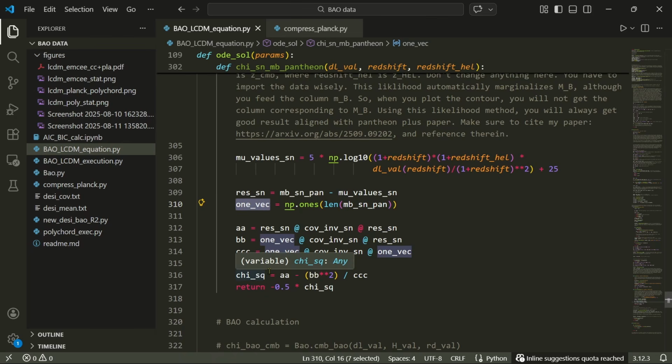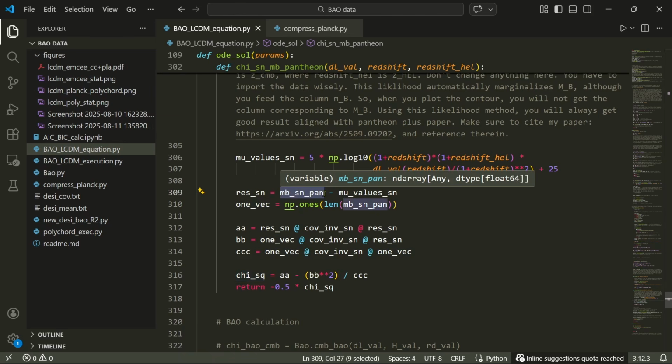What we are actually doing is marginalizing this MB, because again we would have to use some other external sources in order to get this capital MB. Capital MB is your absolute magnitude of the brightness of supernova. Now since we are having this one from the data, why should I compute the same thing from the model?